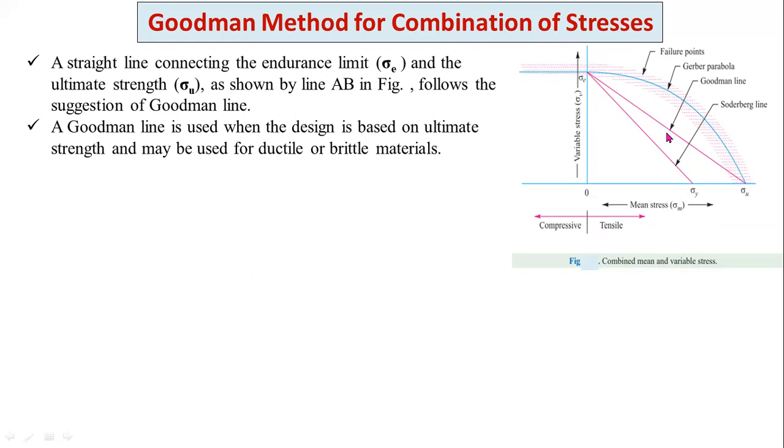A straight line connecting the endurance limit and the ultimate stress sigma u follows the suggestion of Goodman's failure line. This line indicates Goodman's failure stress line.